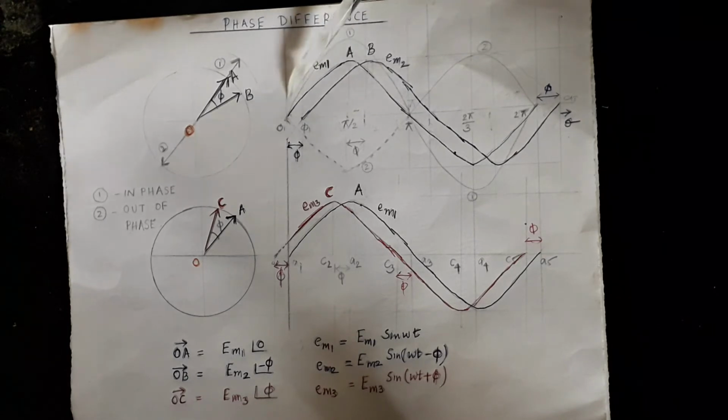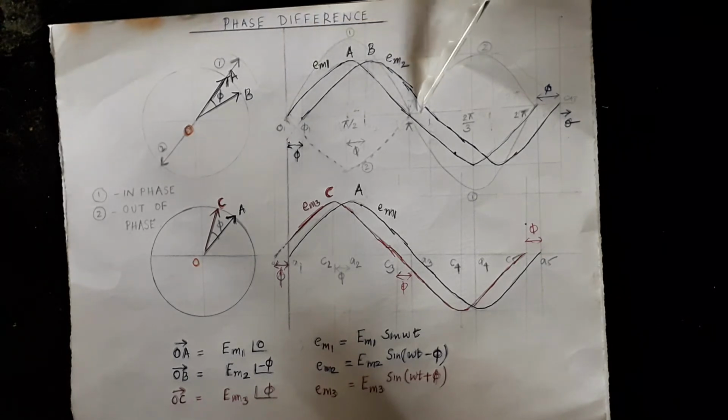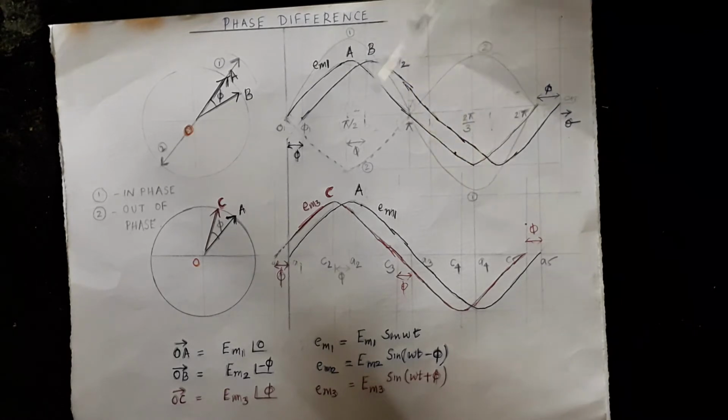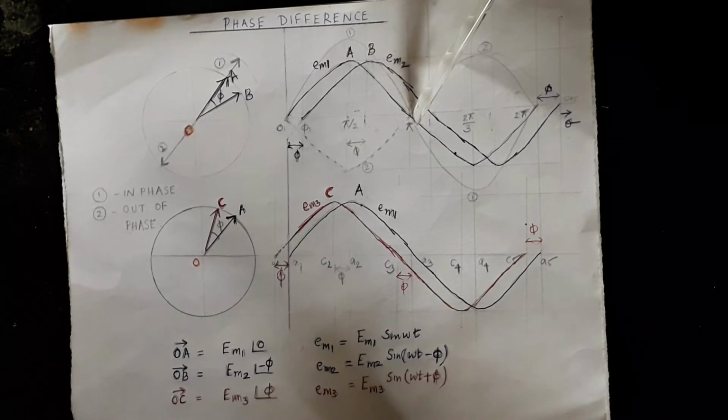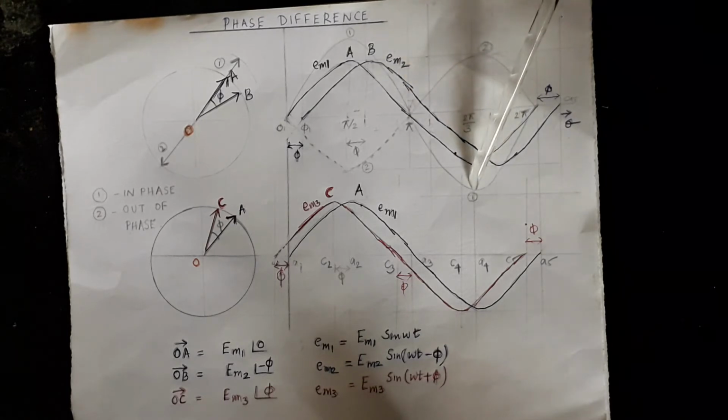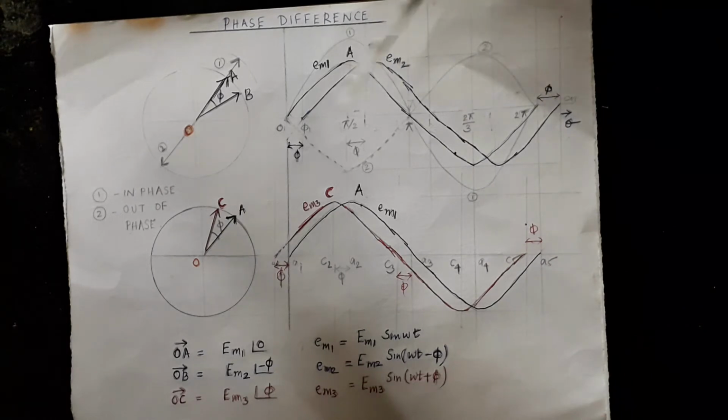Here with pencil I have drawn another quantity which is in phase with e1. They start at the same time, reach the maximum value at the same time, reach 0 again at the same time, reach the negative maximum value at the same time, and again reach 0 at the same time.